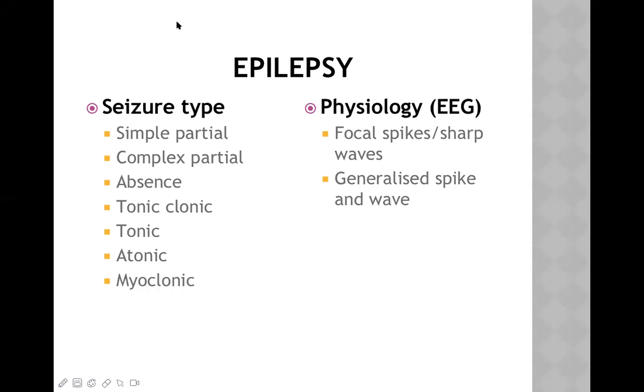Now, the types of seizure are the same as what we discussed in seizure disorder, like simple partial seizure, complex partial seizure, absence seizure, tonic-clonic, tonic only, atonic, or myoclonic. The seizure types are the same because epilepsy is repeated episodes of seizure itself, isn't it? So seizure type would be the same. If we do EEG, it will show some abnormal changes or abnormal findings like focal spike or sharp wave or even generalized spike and wave.